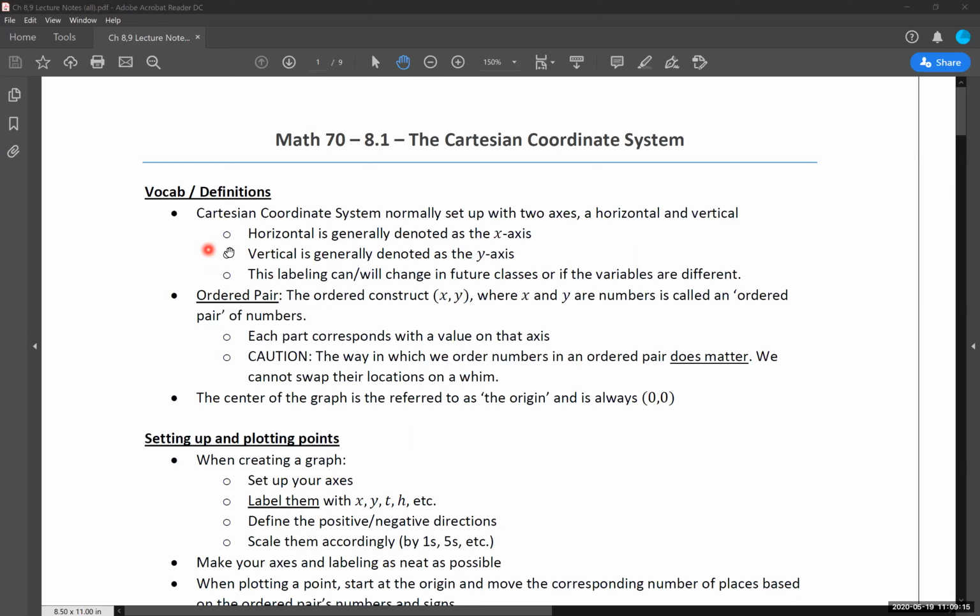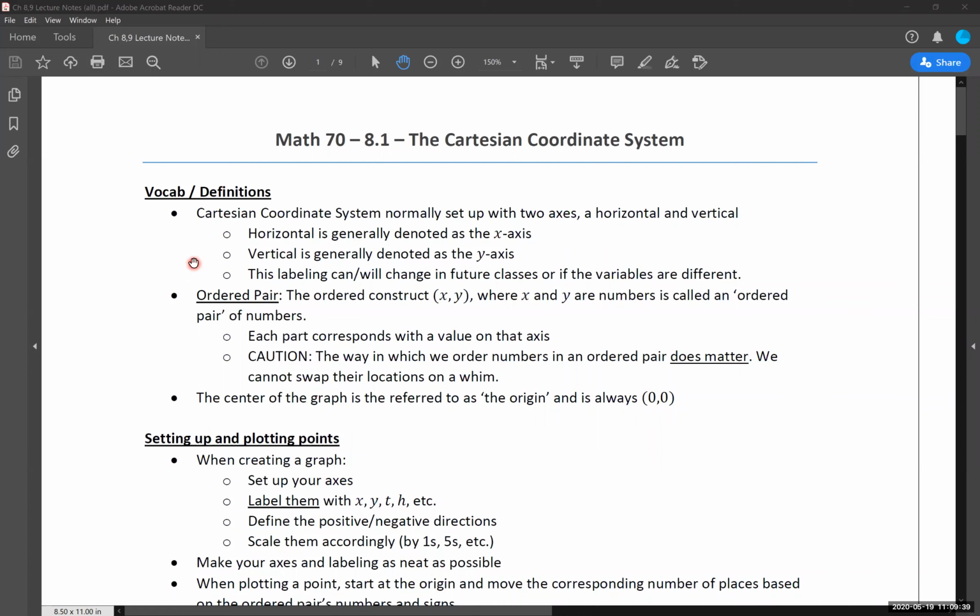Now, I will make a note of this. You want to absolutely make sure that you are labeling your x and y axes, or your horizontal and vertical axes, accordingly.